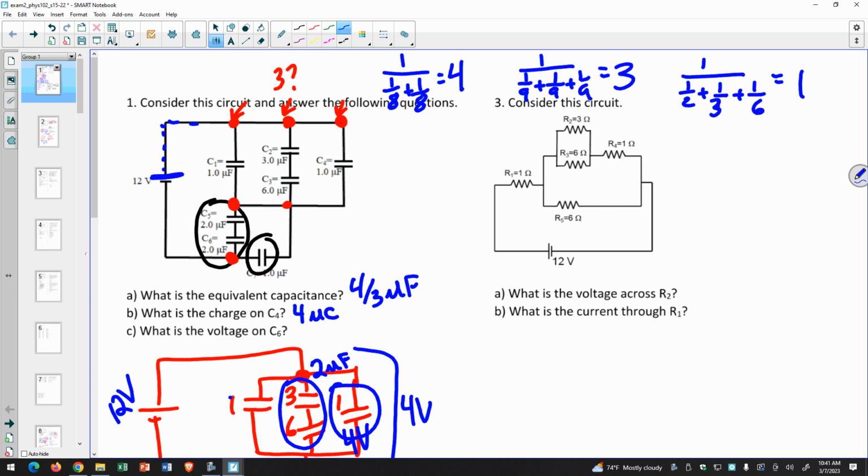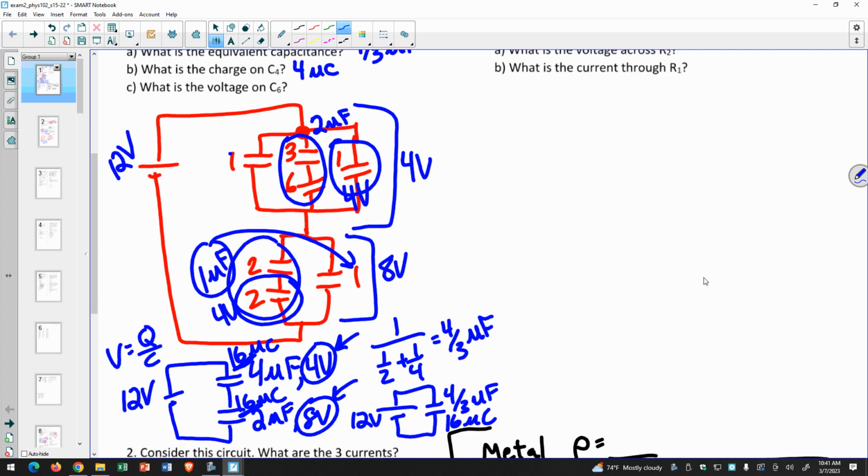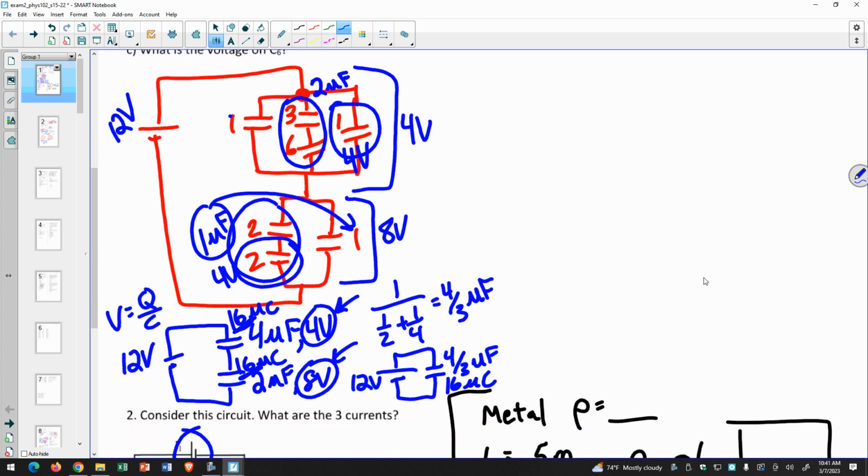Where did the 4 and 2 come from, like when you had the 8 volts and the 4 volts? You're talking about this 4 and this 2? Yes. Yeah, so the 4 came from 1 plus 2 plus 1. Because I had a 1, 2, and 1.